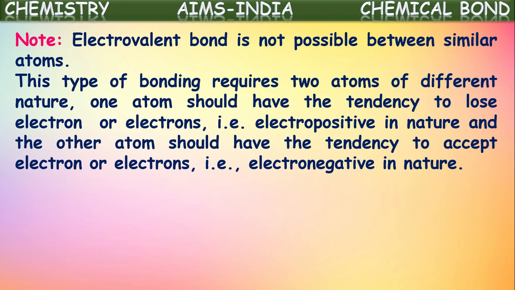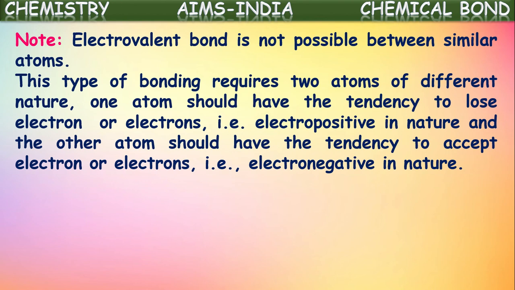This type of bonding requires two atoms of different nature. That is, one atom should have the tendency to lose electrons, one or more. That is, they should be electropositive in nature, like sodium. And the other atom should have the tendency to accept electrons, one or more. That means that should be an electronegative atom.